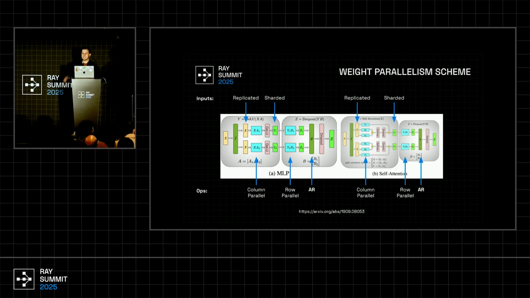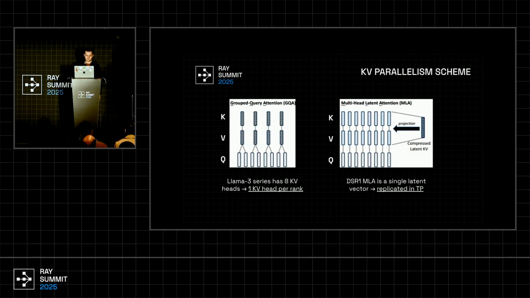And then same thing in attention, where we'll have replicated inputs times column parallel QKV. The attention will happen locally within every rank, gives you sharded output times a row parallel matrix, plus an all reduce, synchronizes the GPUs. So this has been the tried and true method that we've used for a very long time in vLLM to shard standard models.